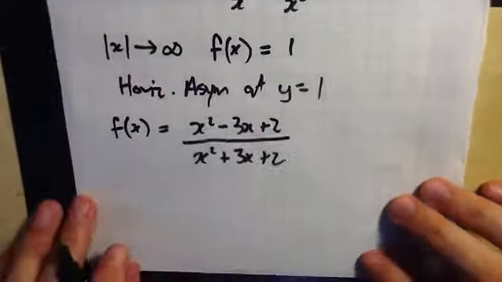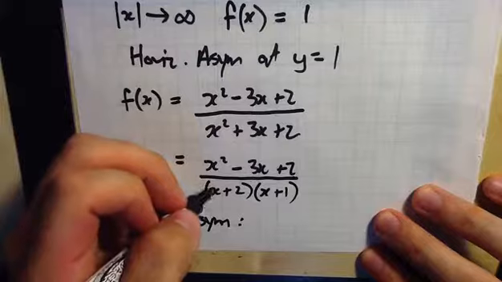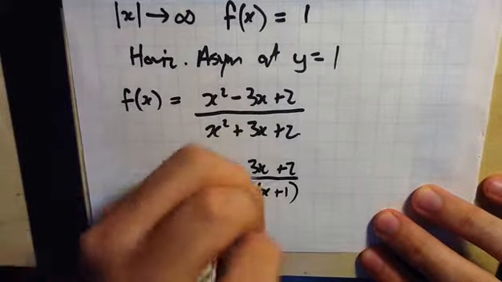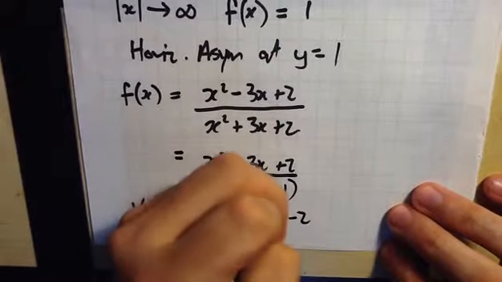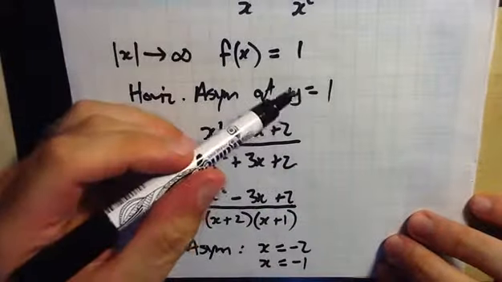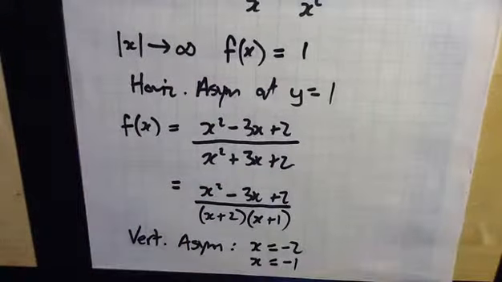I'd factorize the denominator: factors are 2 that add to 3, that's x plus 2 and x plus 1. So you can see that I have a vertical asymptote. If x is negative 2 here, this denominator becomes 0, so at x equals negative 2, and also at x equals negative 1. So I've got a horizontal asymptote at y equals 1 and vertical asymptotes at x equals negative 2, x equals negative 1.